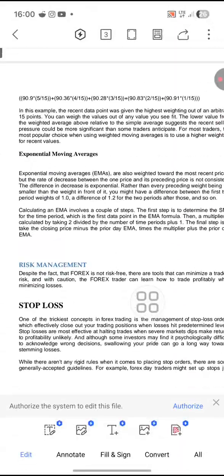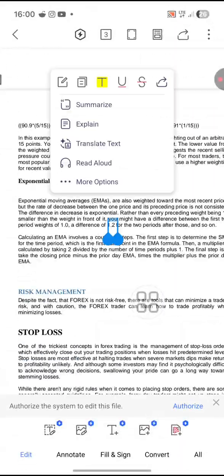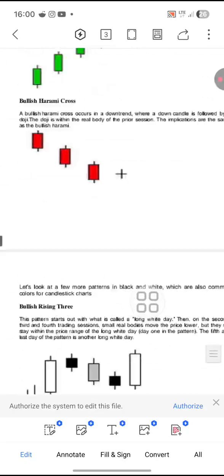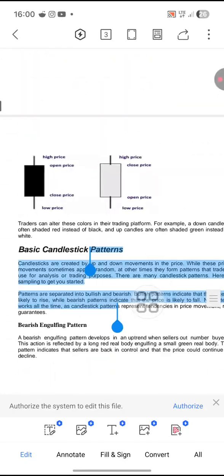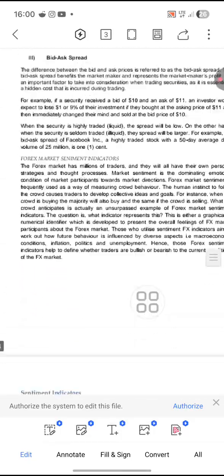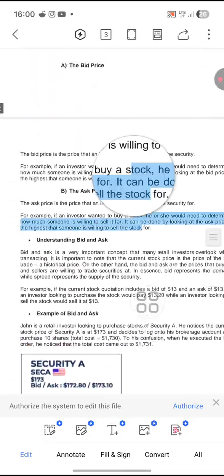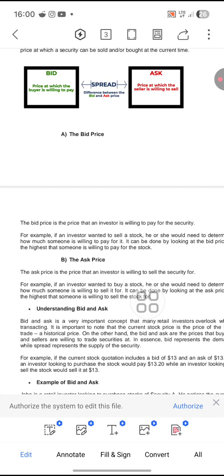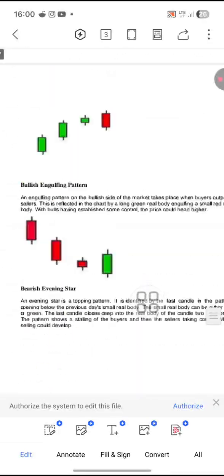Let me confirm what I told you. Yes, the bid price is the amount the investor is willing to buy or pay. The ask price is the amount the investor is willing to sell.